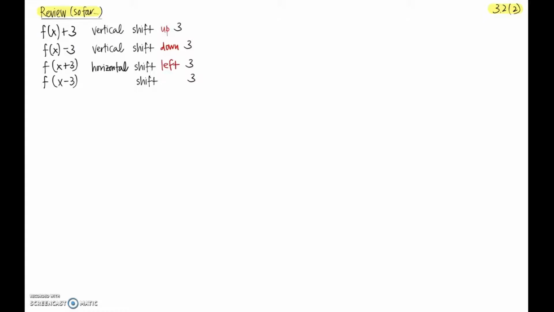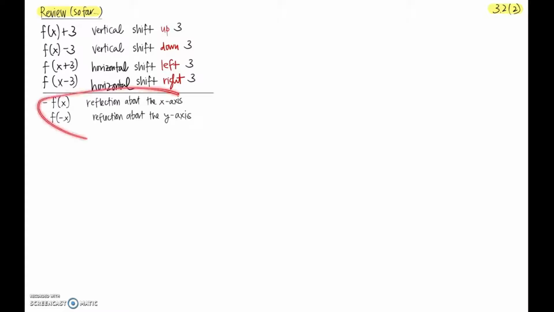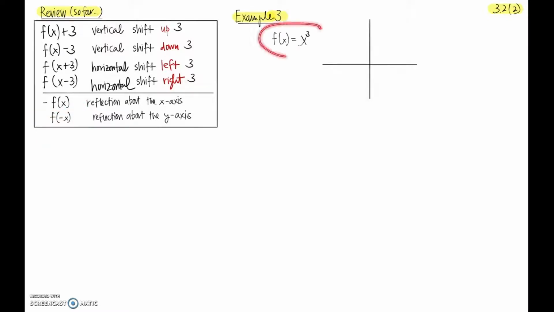And then the only thing left is this will be a horizontal shift to the right 3. And then these are the 2 new ones we learned today. This reflection around the x-axis, so it's actually a vertical reflection, and this reflection about the y-axis, which is a horizontal reflection.